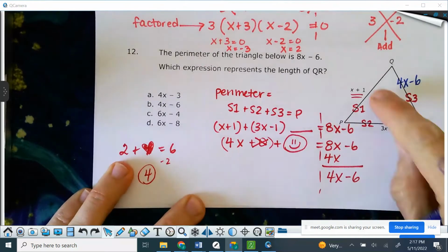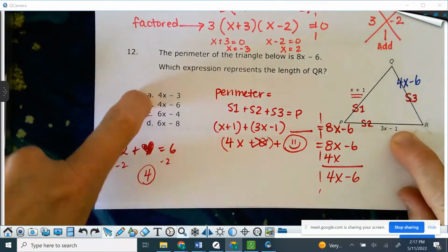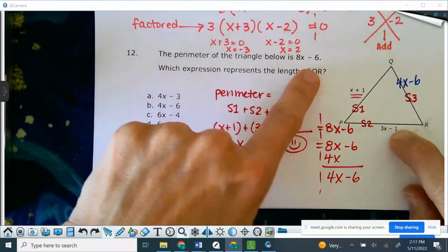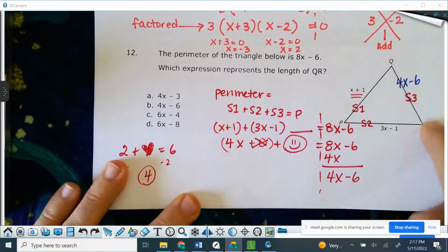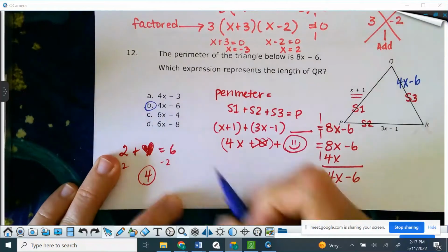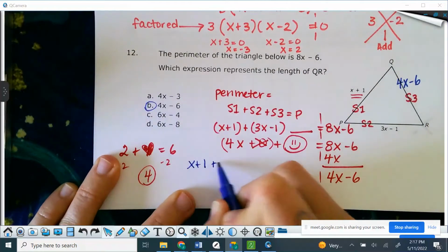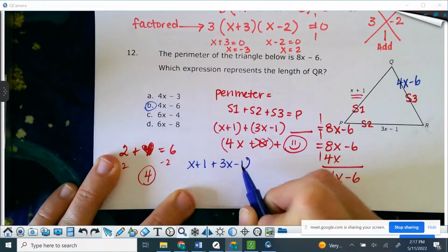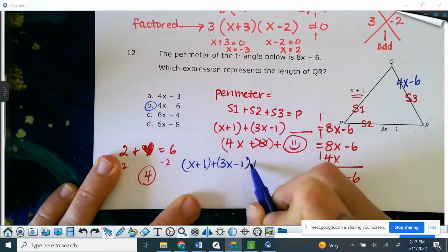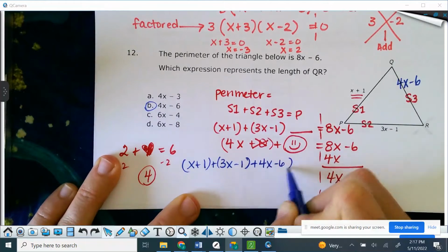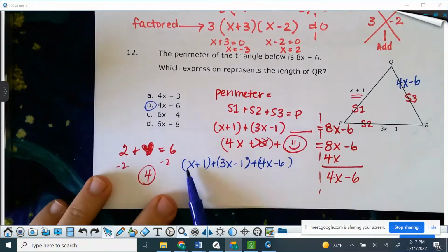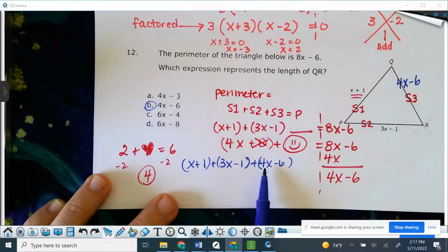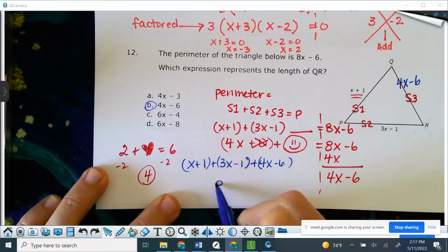So x plus 1, 3x minus 1, plus the first one, and see if you get out 8x minus 6. Since we know it's the second one, we're going to check it because this is definitely our right answer. So x plus 1 plus 3x minus 1 plus 4x minus 6. And remember, the parentheses are irrelevant when you're adding anyway because you're going straight through. So I have x plus 3x is 4x plus 4 more x is 8x.